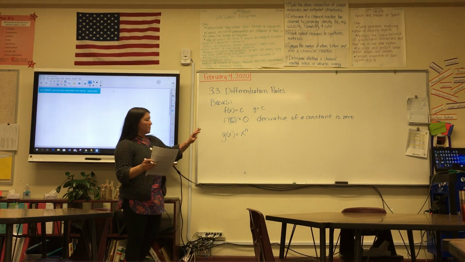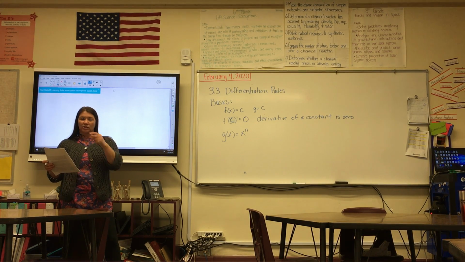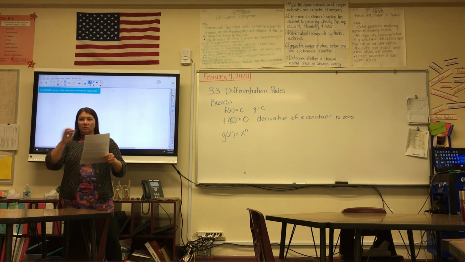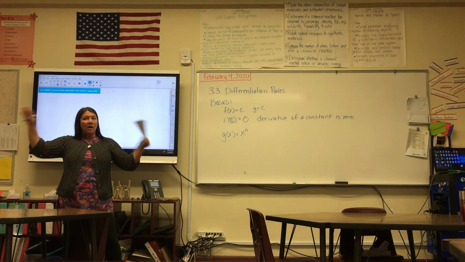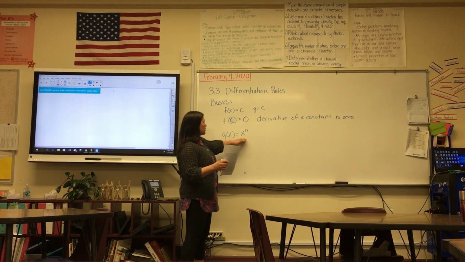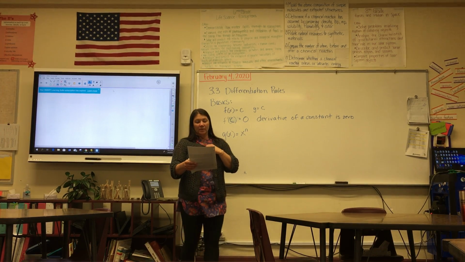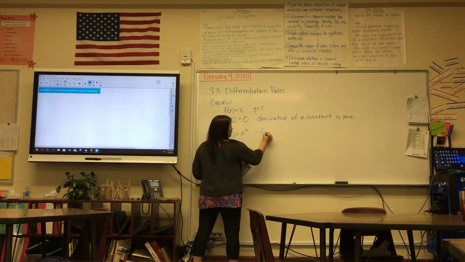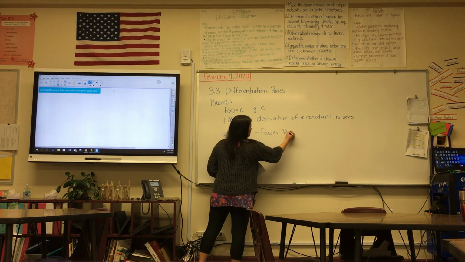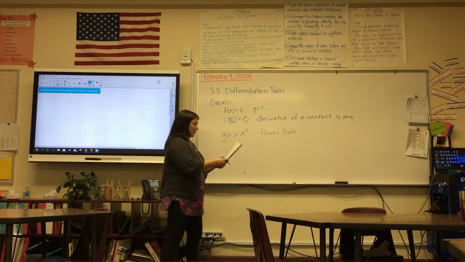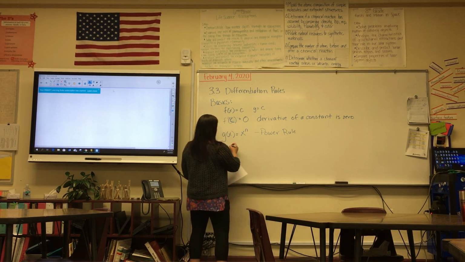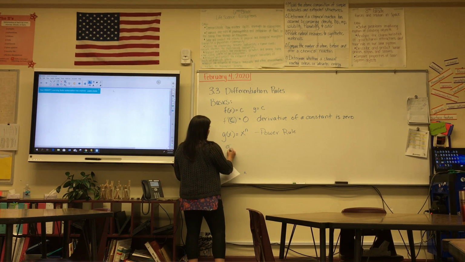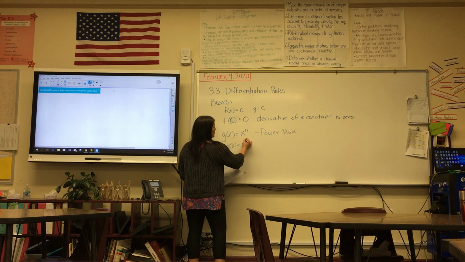The second type of function we're going to look at is the most basic function, where you have x raised to a power, because most of our other functions are just combinations of x raised to a power and constants. So this gives us the power rule. Let's say g of x equals x squared.